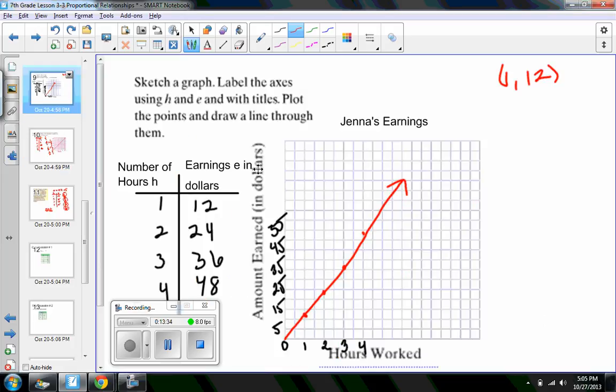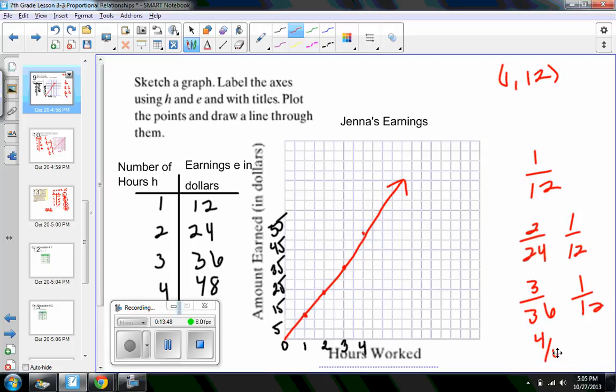Going back to the first example, putting 1 over 12, 2 to 24 simplifies to 1 to 12, 3 to 36 simplifies to 1 to 12, and the same with 4 to 48. So you always want to check that the ratios are proportional, even though the graph looks like a line.